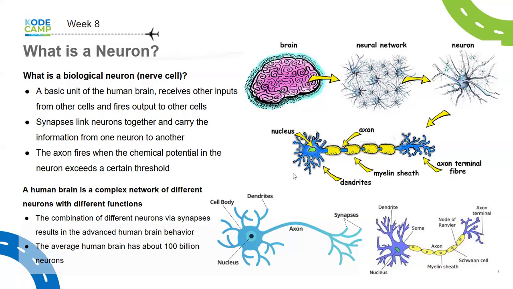The dendrites at the head of the cell receive signals from previous cells, other cells that are connected to it, and from the synapses of those cells. When the potential in this cell reaches the threshold, it can fire a signal down this axon that goes to the tail end and gets distributed out through the synapses at the end of this axon terminal fiber.